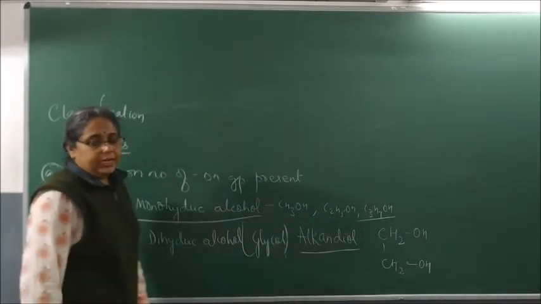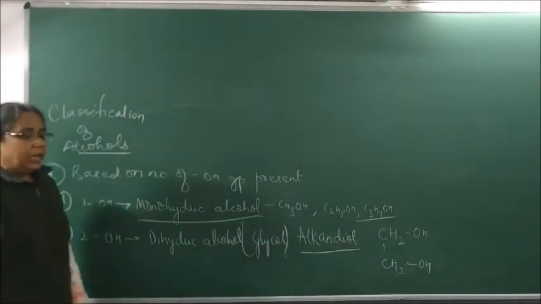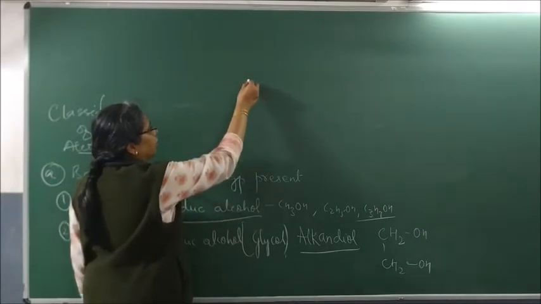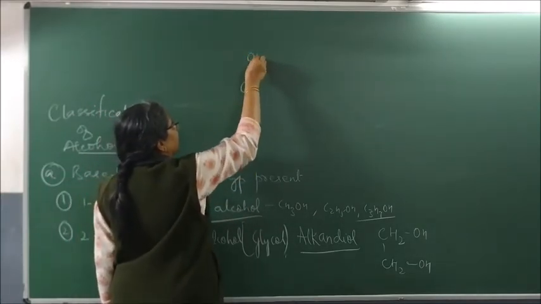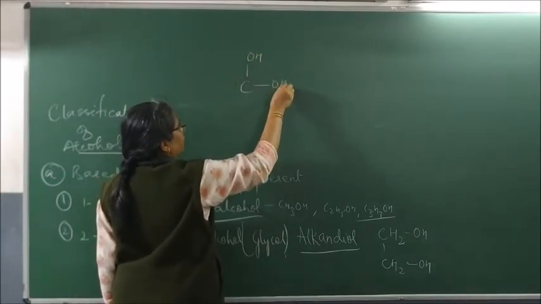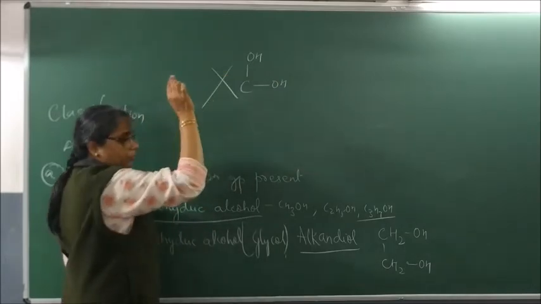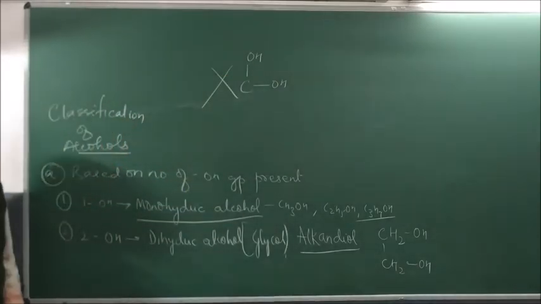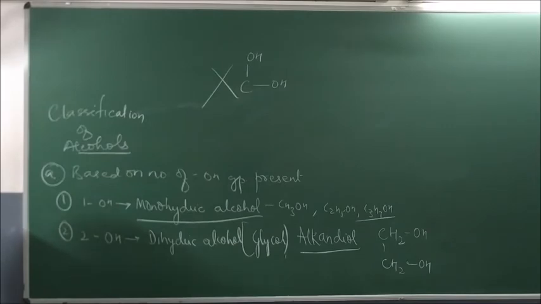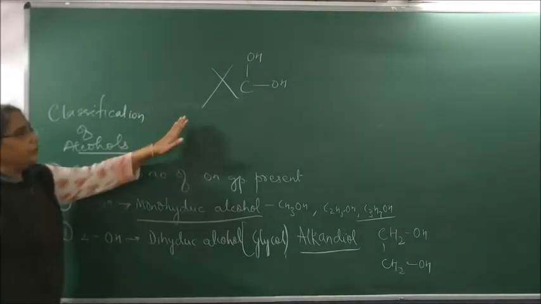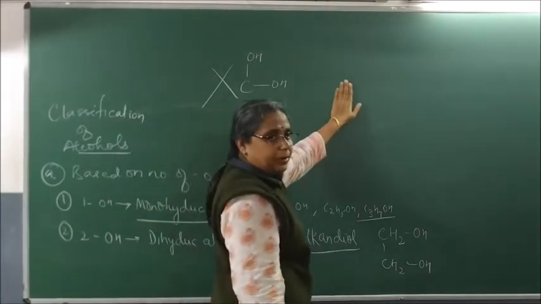Now please understand one thing. In any alcohol, you should never add two OH groups to the same carbon atom. This is our base. You should always remember that two OH groups should never be attached to the same carbon atom.